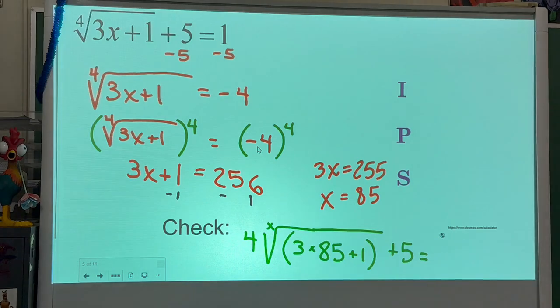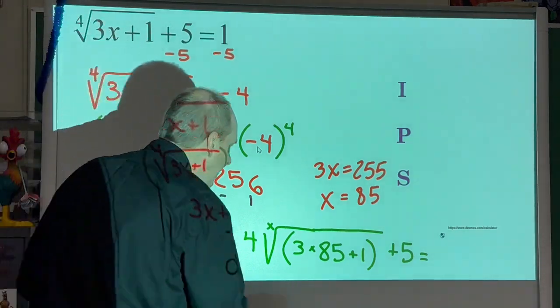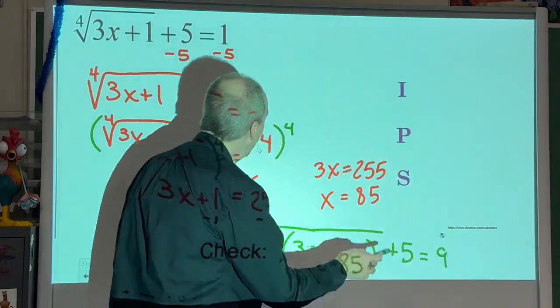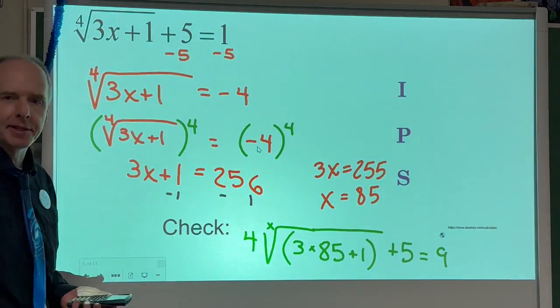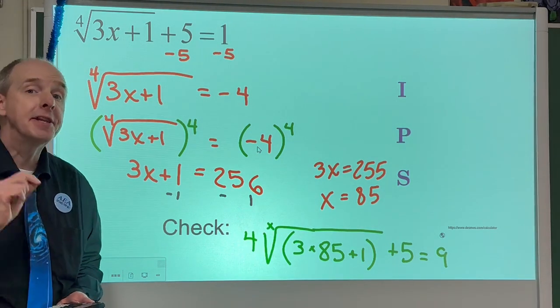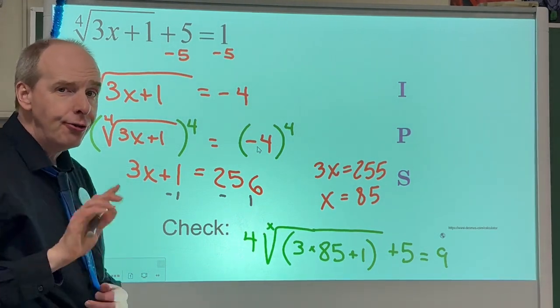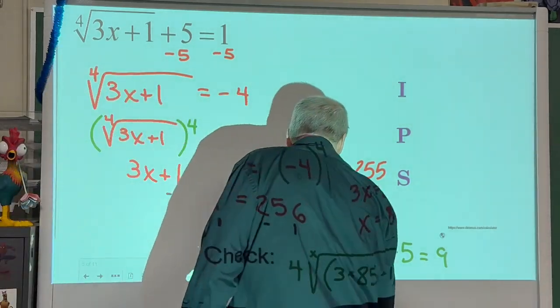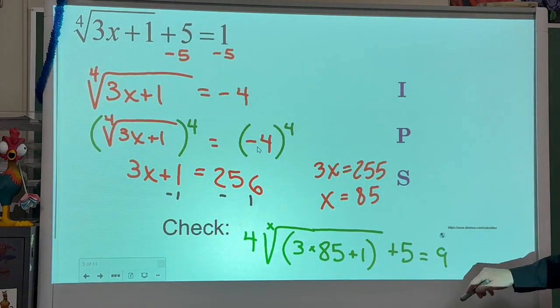All right, I'm going to do it on my calculator. 4, funny little root, parentheses, 3 times 85 plus 1, close parentheses, plus 5. I got 9. Did you get 9? We were supposed to get 1. Sometimes when you're solving these, you're creating extraneous solutions.